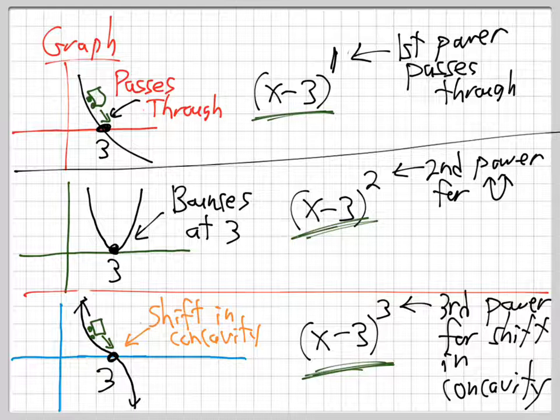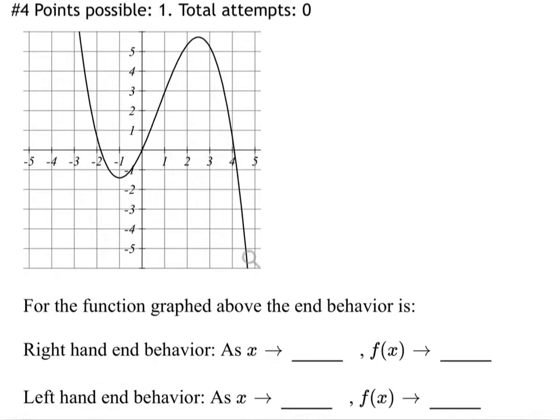That's multiplicity, remember? Multiplicity is the power. So that's what you have to recognize when you're working backwards from a graph to an equation. You've got to put the right power on that x-intercept, zero, or root, whatever you want to call it.